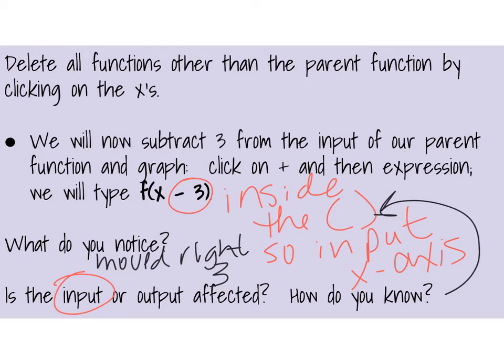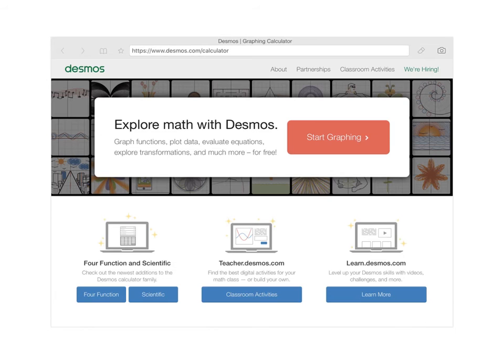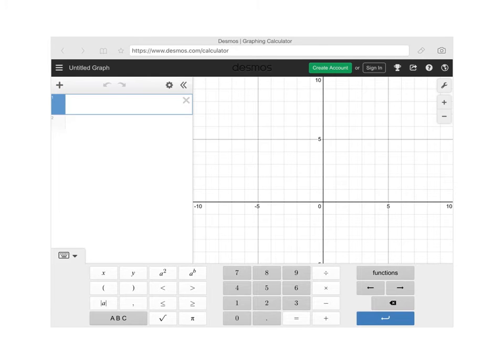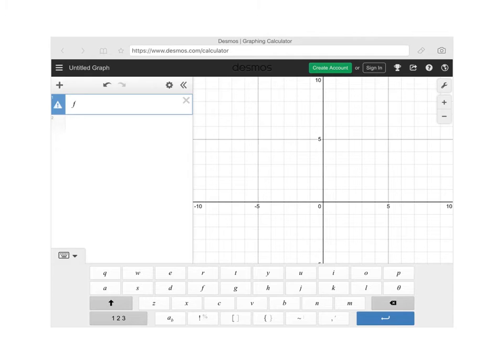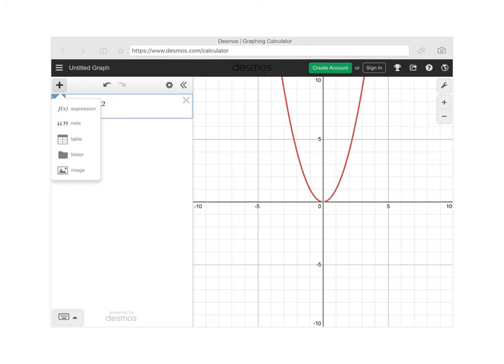Okay, so let's make sure we're right. Let me put my parent function in here again, because if I go back, it won't let me erase the writing I did on the other graph. But you can, of course, just delete the one that you did and then add, or you can just go back and change the +2 to a -3.